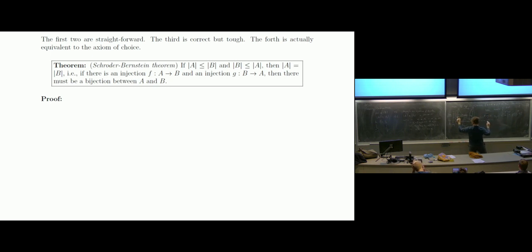Am I getting... Oh, for G, then F, yes. So then Cn plus 1 is going to be G of Dn. And then Dn plus 1 is going to be F of Cn.